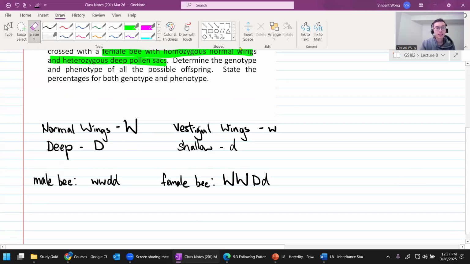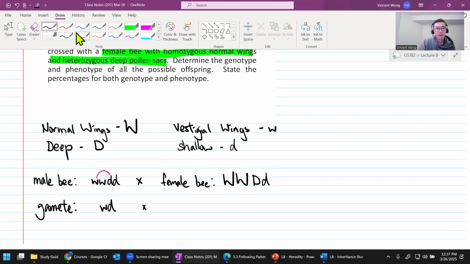Now we're going to determine the possible genotypes for all the offspring, which means we're going to cross them, and we have to write out the gametes. What kind of gametes can the male bee produce? Well, it's only small w and small d. There are no other possible combinations. Just one.